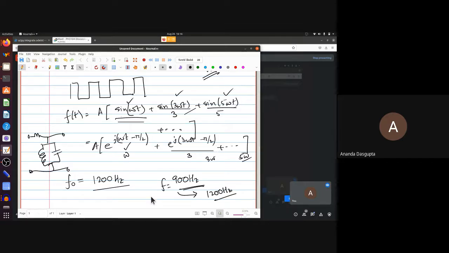If this were a sinusoidal source, then the response is well known, right? The response is like this. Zero response at low frequency, high response at omega zero, and again zero response at very high frequency. And there's only a single peak, right? At omega zero, if you're using angular frequency, or f0 if you're using ordinary frequency.